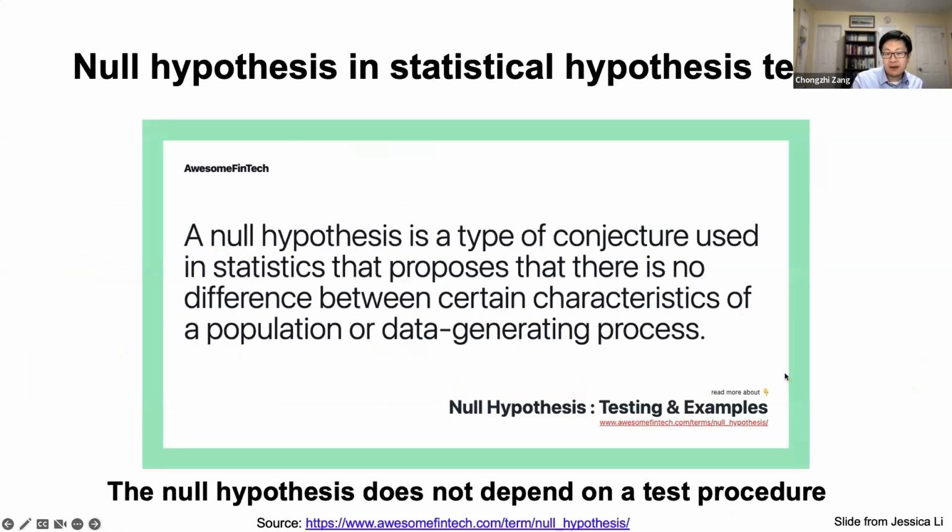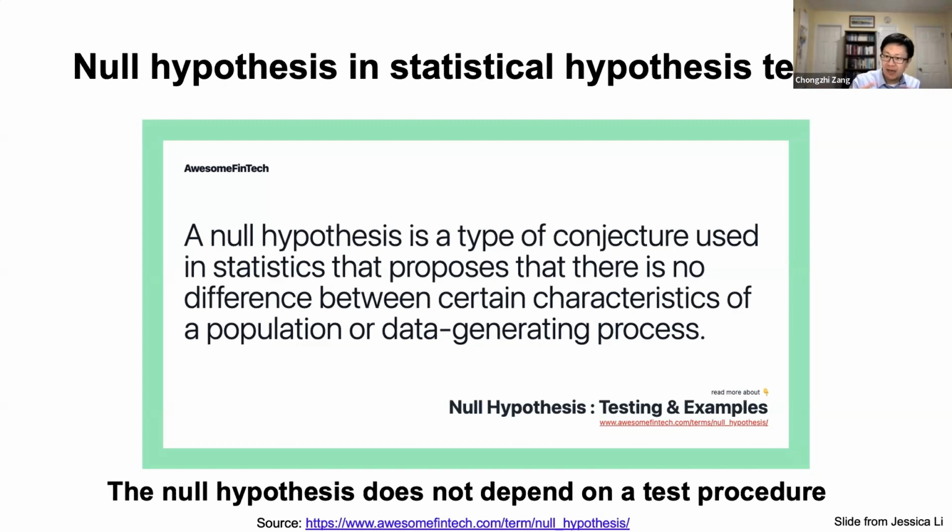So there are some conceptual arguments or different ways of understanding what the null hypothesis is. And some of them may not be accurate, or some of them may even be wrong. In the statistical hypothesis testing context, the null hypothesis is a belief held beforehand, before we design an experiment.